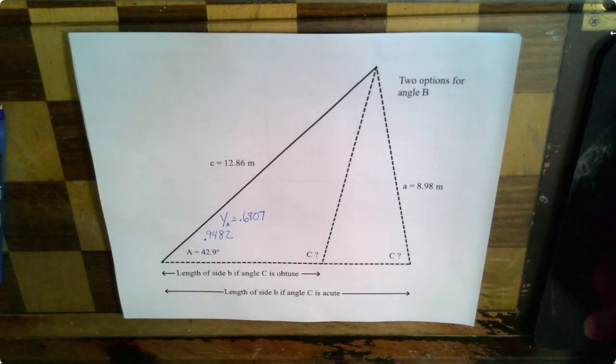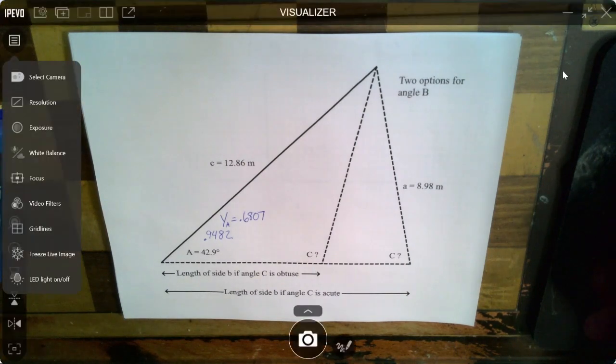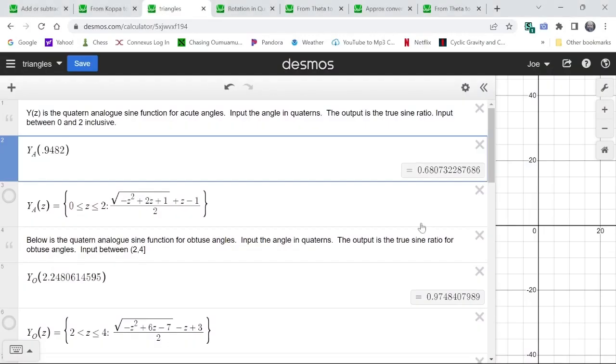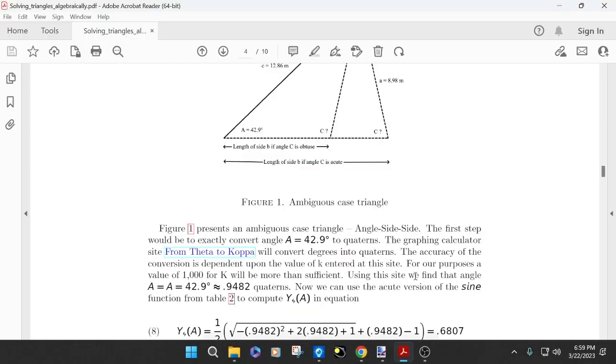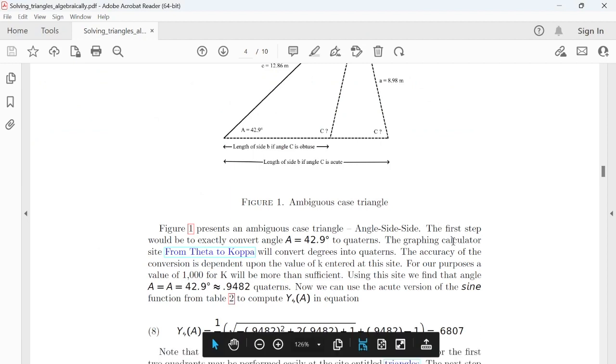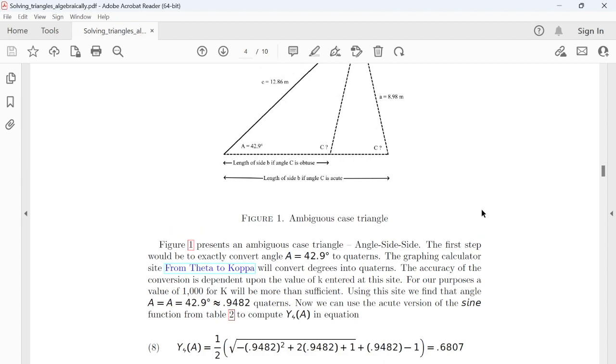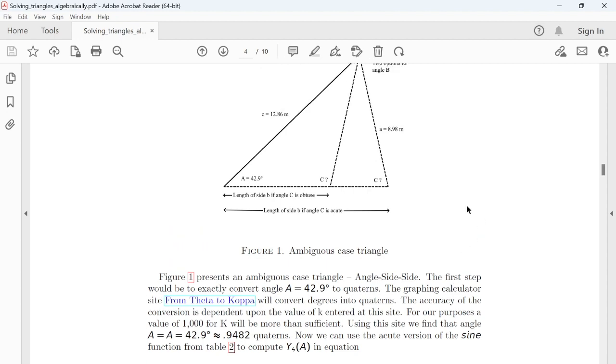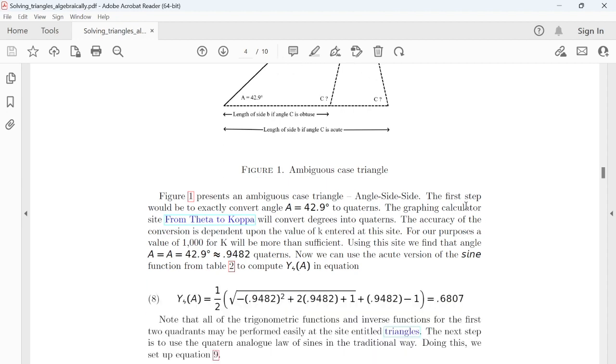So the next thing that we want to do is set up an equation just like we would solving a triangle in trigonometry. Those of you who have had trigonometry or pre-calculus, it is solved in exactly the same way using the law of sines.